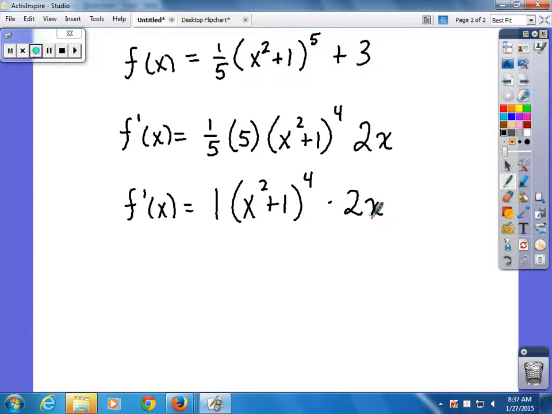So you have the antiderivative of x squared plus 1 to the 4th power times 2x dx.